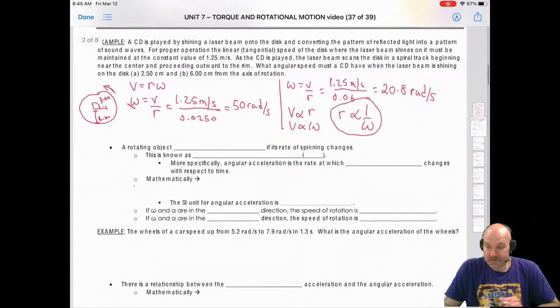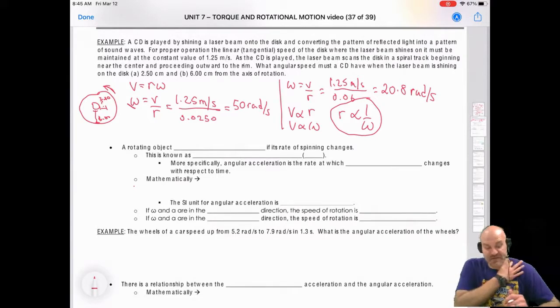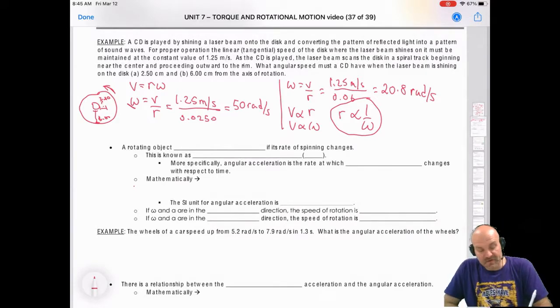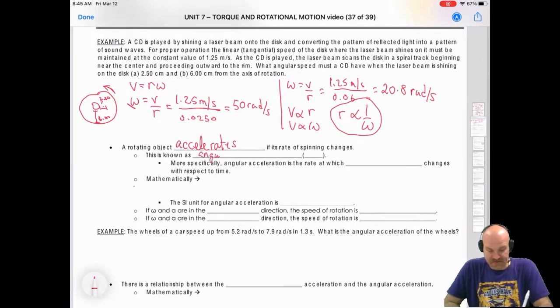Now, this last little thing, we're going to talk about angular acceleration. A rotating object accelerates if its rate of spinning changes, and this is known as the angular acceleration, which is given the symbol alpha.